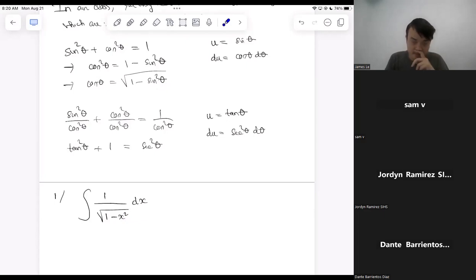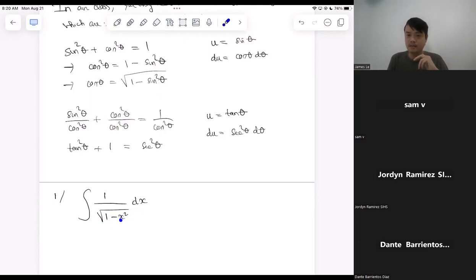So what happened? If I set x equals sine theta, then when I put sine theta in here, I have 1 minus sine squared theta. So the square root of 1 minus sine squared theta is just cosine theta.